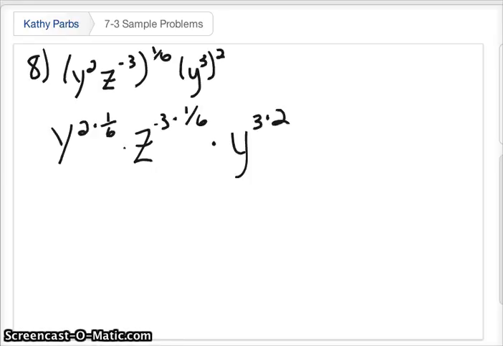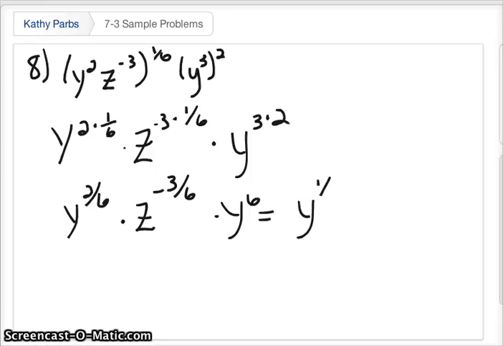So multiplying all this out, y to the 2 times 1/6 would be 2 times 1, which is y to the 2 over 6, times z to the -3 over 6, times y to the 6th. Simplifying our fractions, 2 over 6 is the same as 1/3. A -3/6 would be the same as a -1/2, and then y to the 6th.